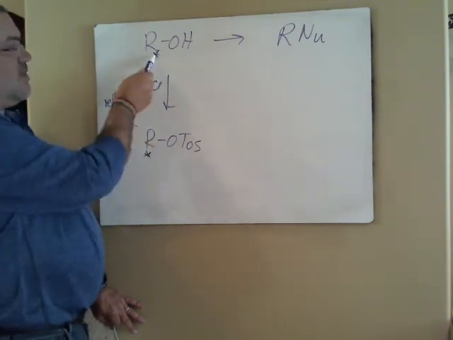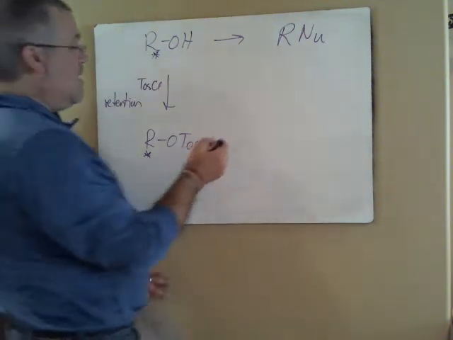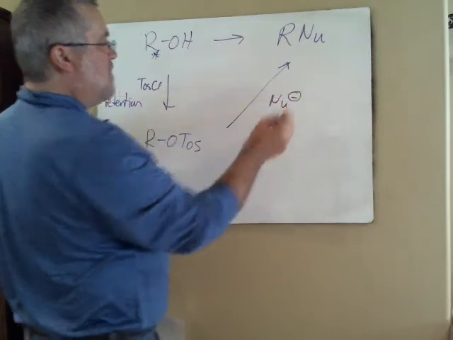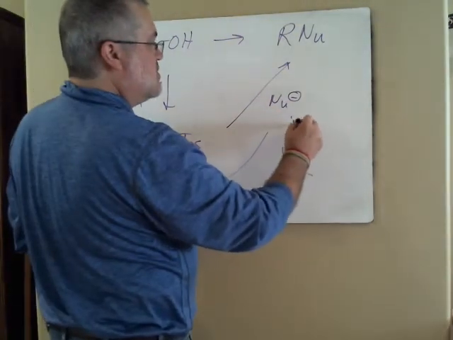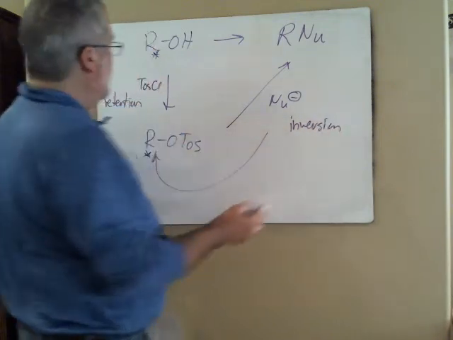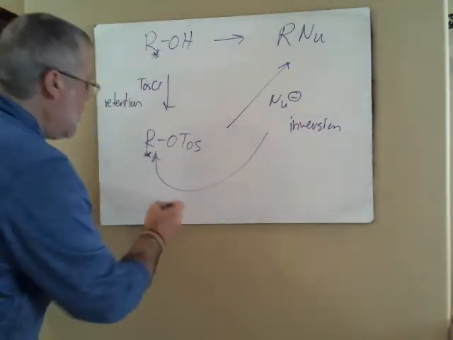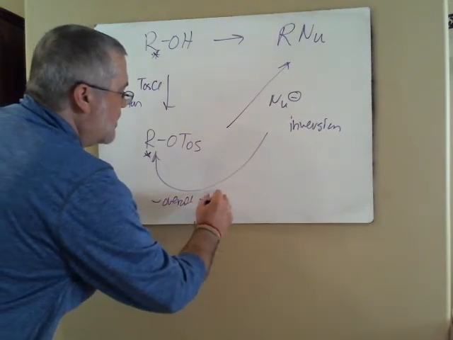So whatever chirality was here is present here. Then, when you react this with the nucleophile, this is an inversion. And so now if you have a retention and then an inversion, the overall reaction is going to be inversion.